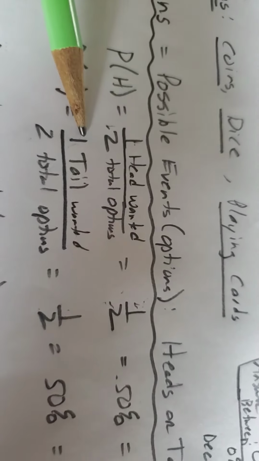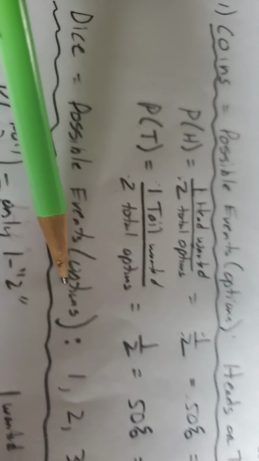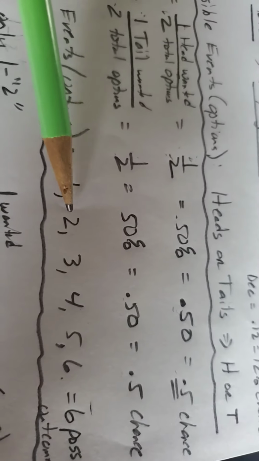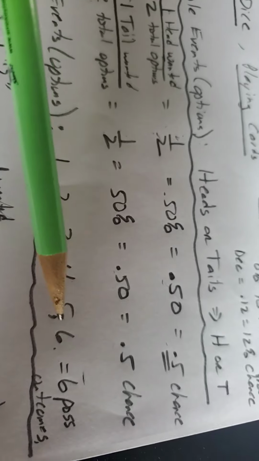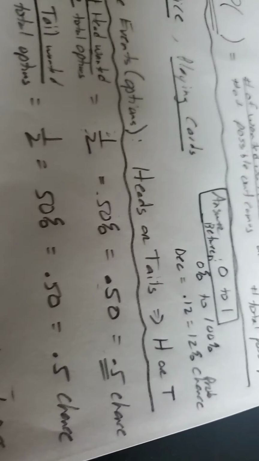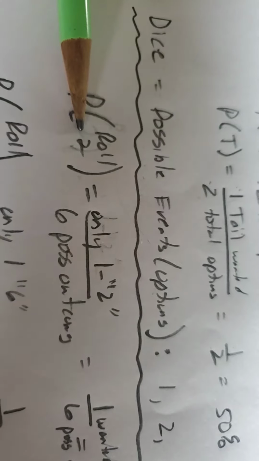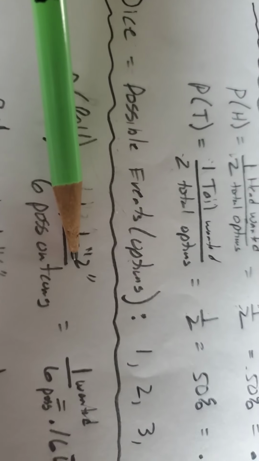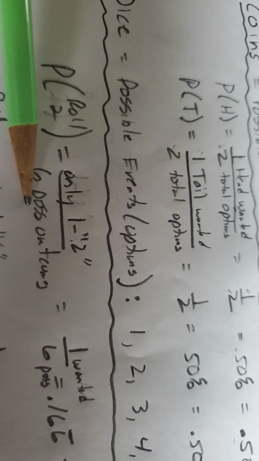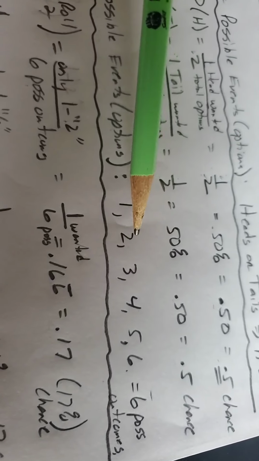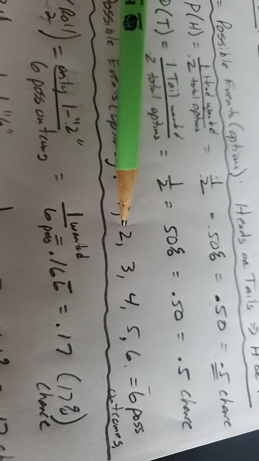Now let's look at dice, a single die, I should say. Possible options: you could roll a 1, a 2, a 3, a 4, a 5, or a 6. So there are 6 possible outcomes. That's your denominator. What's the probability I roll a 2? Well, there's only one 2 on the die. There are 6 possibilities. So the only thing I would be happy with is rolling that 2.